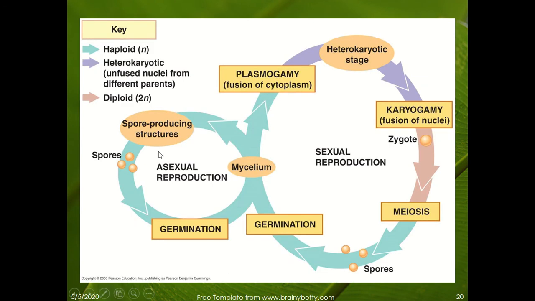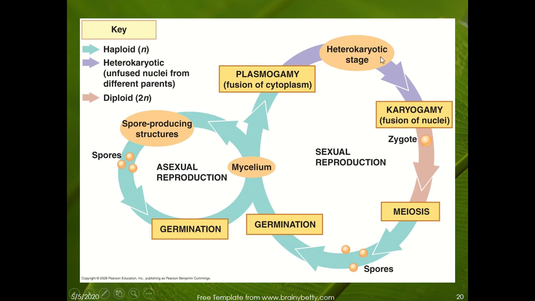They have two types of reproduction, sexual and asexual. As you can see here, for sexual reproduction, they will undergo plasmogamy first, the fusion of cytoplasm to produce a dikaryotic mycelium, also a heterokaryotic mycelium.